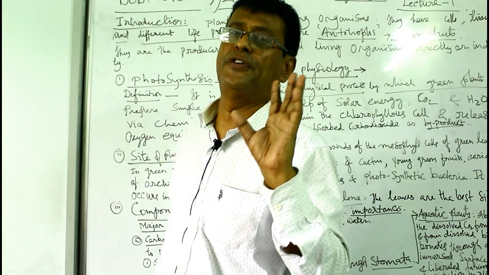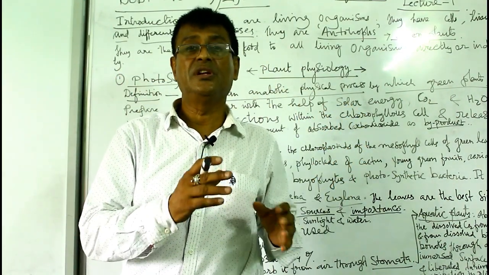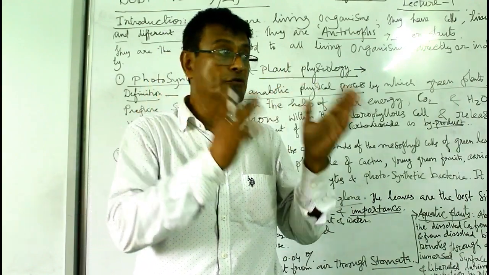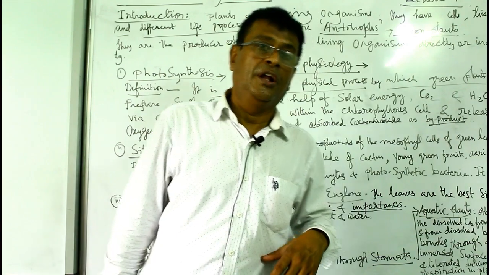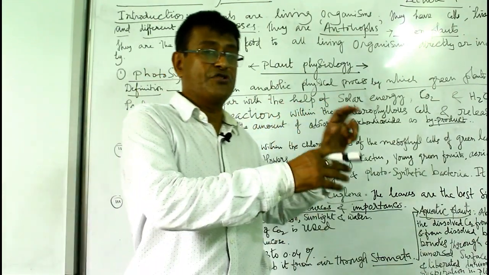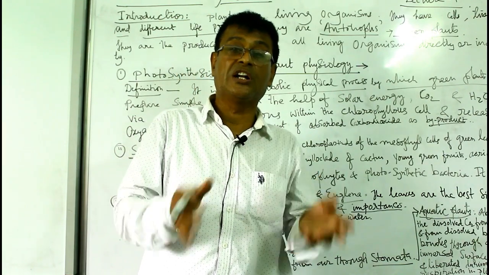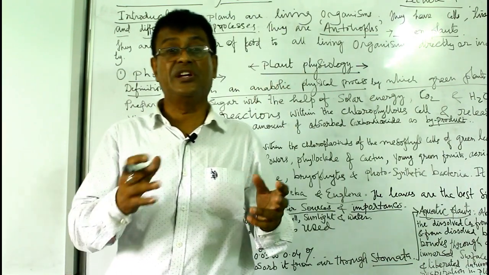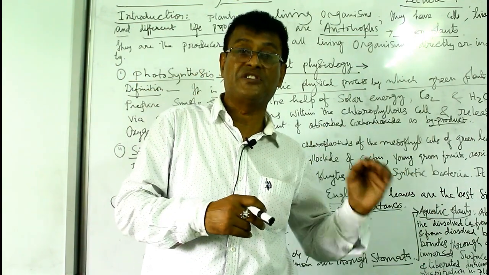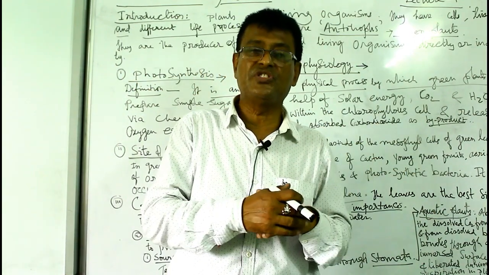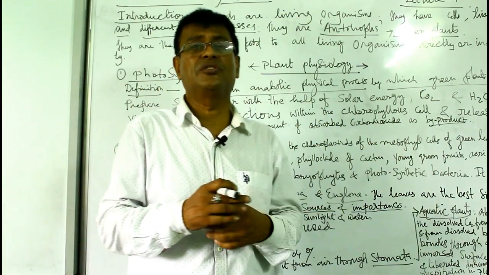By the word photosynthesis, photo means light, synthesis means preparation. So, the food prepared by light is photosynthesis. We know generally from the lower classes that photosynthesis occurs in the green plants because there is a green color pigment present in the leaves, young stems, buds, calyx and all the green parts of the plants.